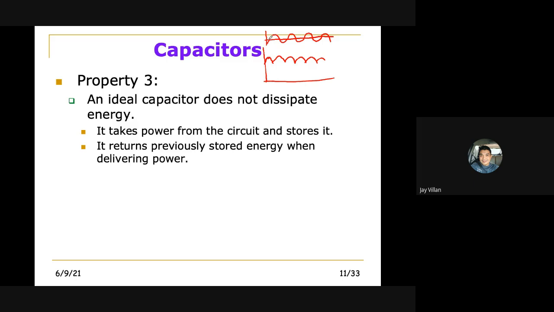In the positive half cycle, your capacitor starts to charge. Then still on the positive half cycle, but your voltage has started to decrease, it starts to discharge. So in filtering the signals in your bridge rectifier, it fills in the gaps in your signal.